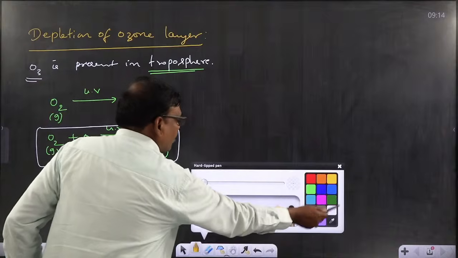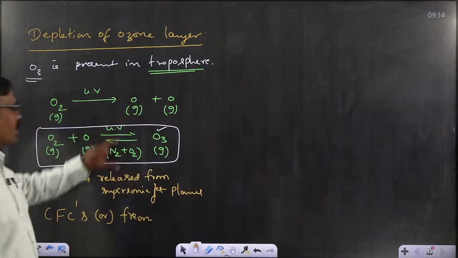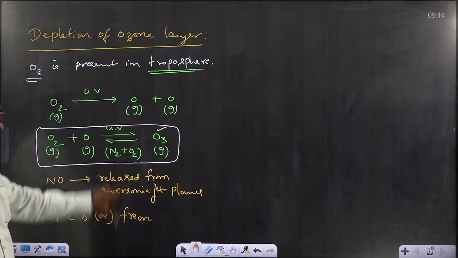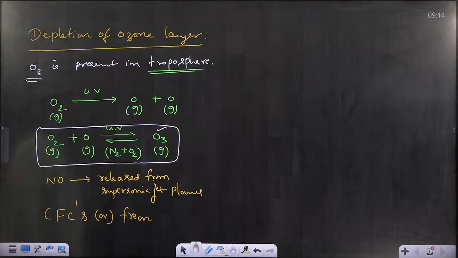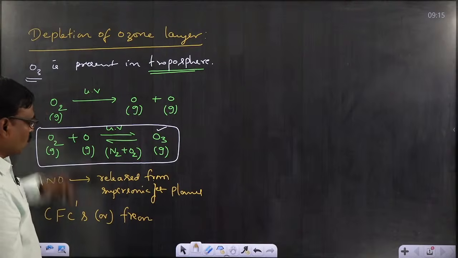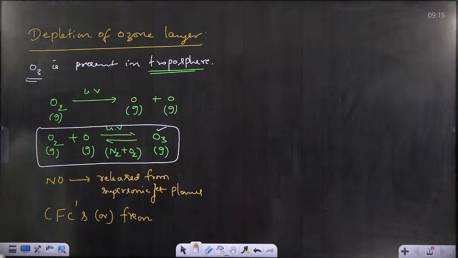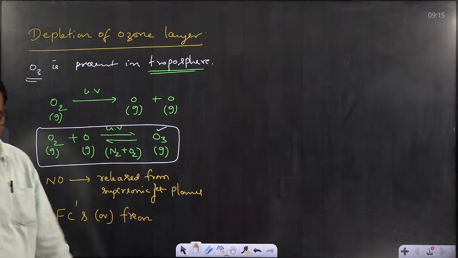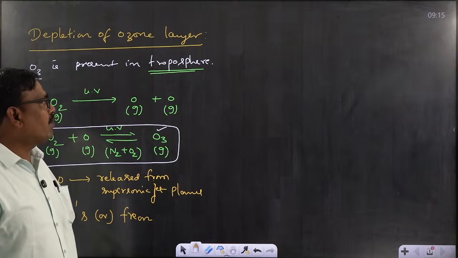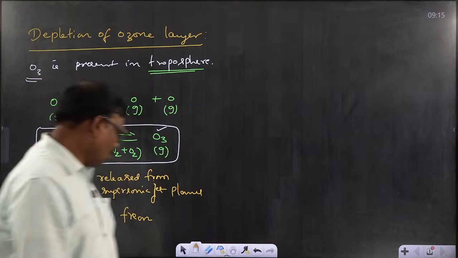These two will damage or decrease the concentration of the ozone layer. That decrease in concentration of the ozone layer is nothing but ozone holes. So the decrease in concentration of ozone indicates the formation of ozone holes.